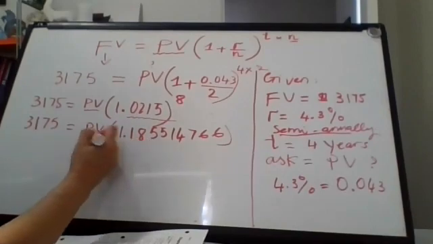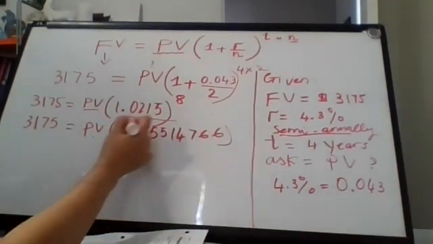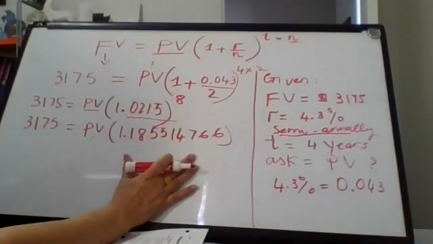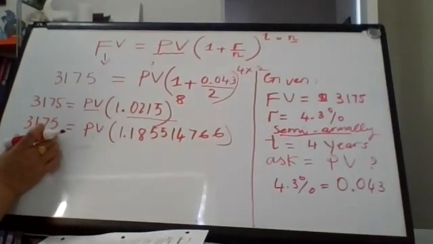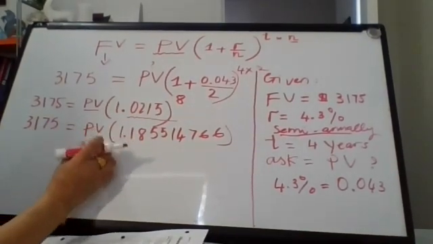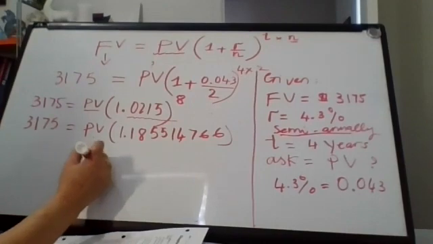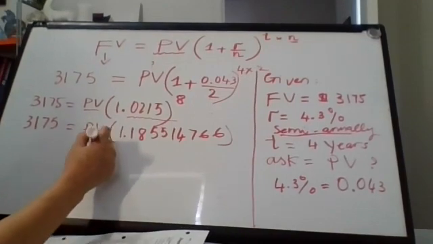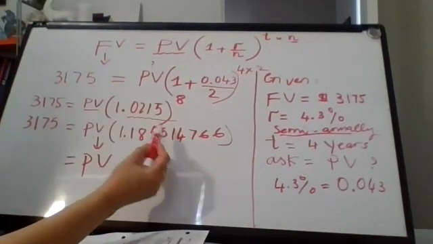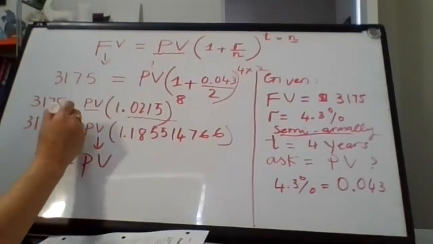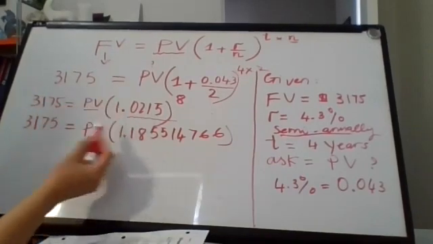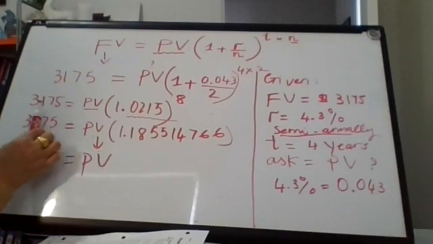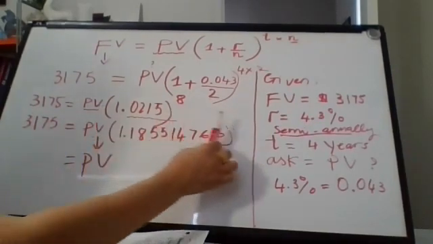Now I know this PV multiplied with this number is on the right-hand side, and this is the left side. To solve for PV, I bring it down to solve for it. Remember, these are the two sides of the equation. The balance shows you the left side and the right side.